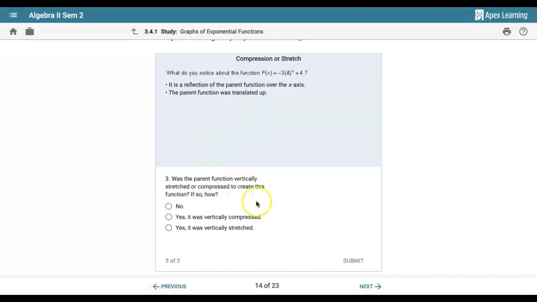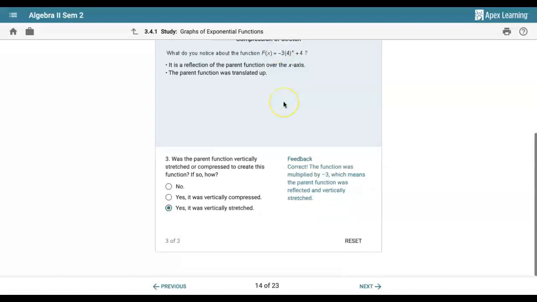And then the last question: was the parent function vertically stretched or compressed? The answer is yes, I've got it multiplied by 3. Since I am multiplying by a number greater than 1, I am stretching it. And we already addressed the negative sign, so we don't have to deal with that again.